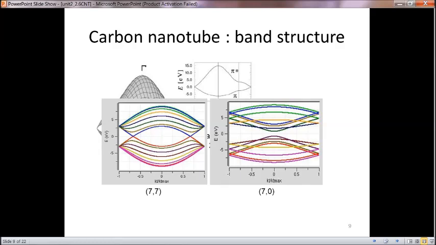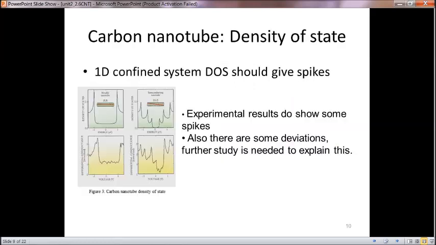And the carbon nanotubes based on the density of state. So the density of state is taken whenever one-dimensional characteristics have been noted. So the one-dimensional confined system has a density of state which gives a spike-like structure as the result. So the experimental results do show some spikes only.